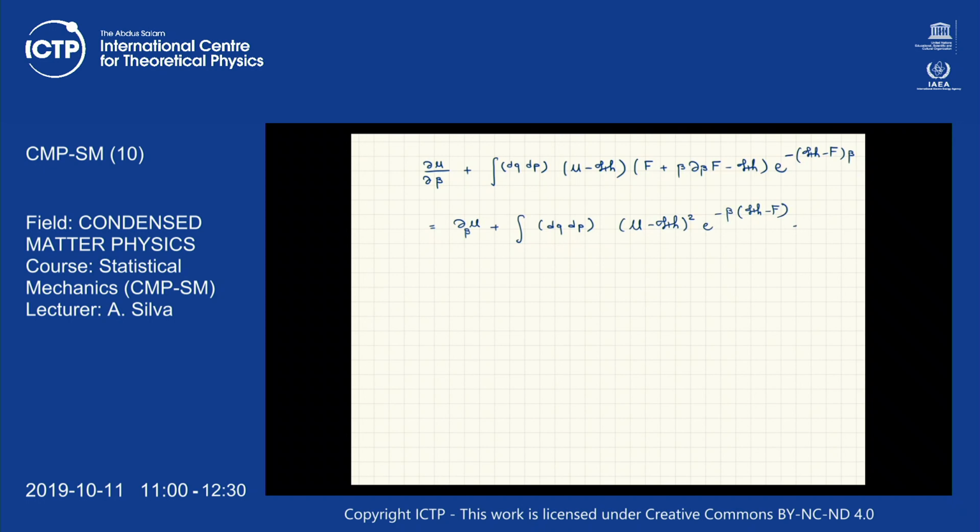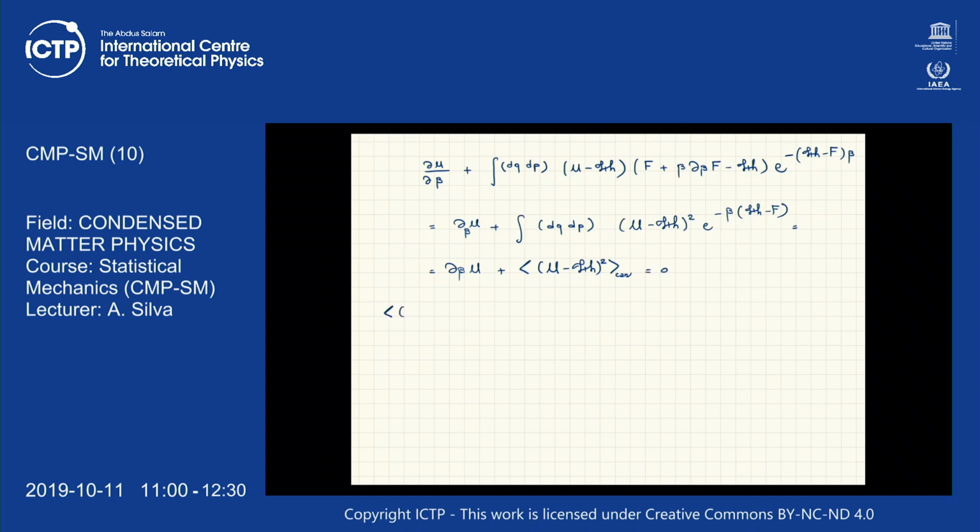In other words, this is equal to d beta U plus the average of (U minus h) squared. Okay? With respect to the canonical. But what is the average of U minus h? So this has to be equal to 0.